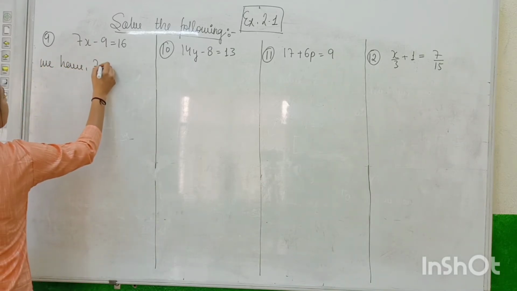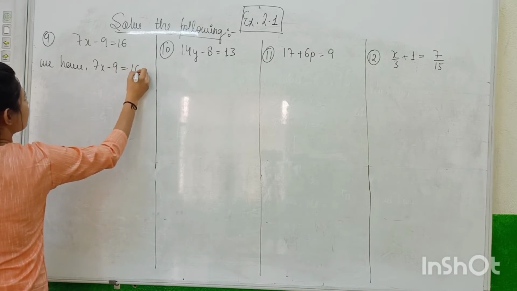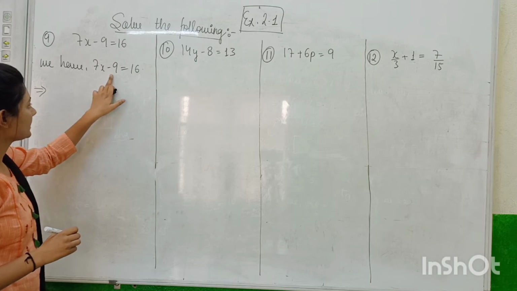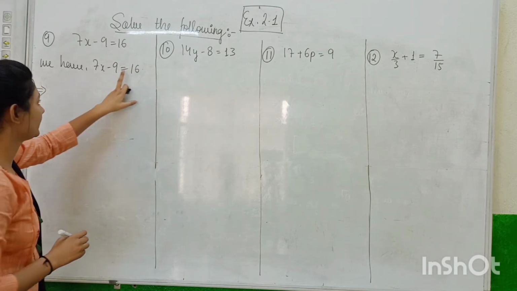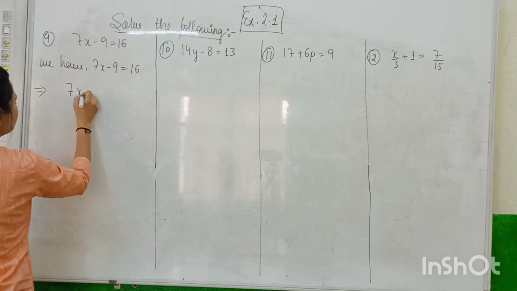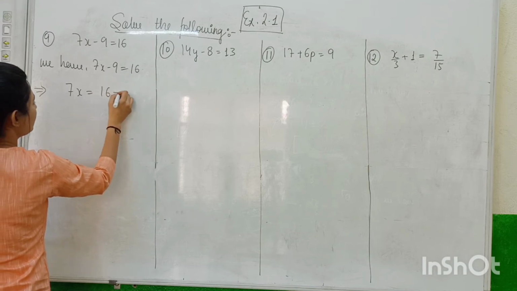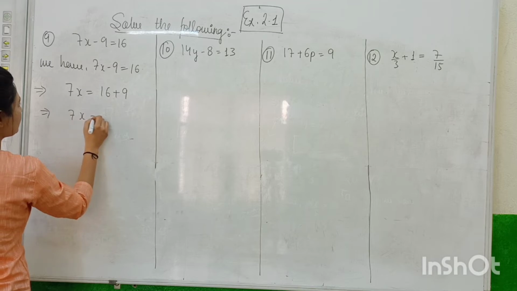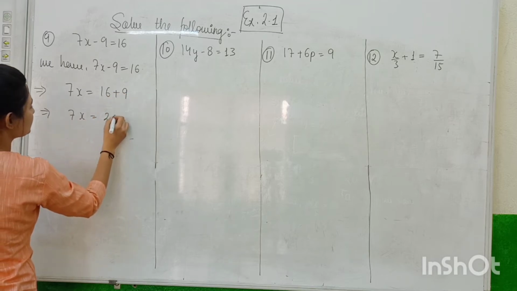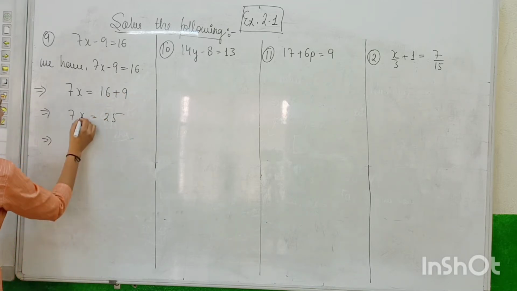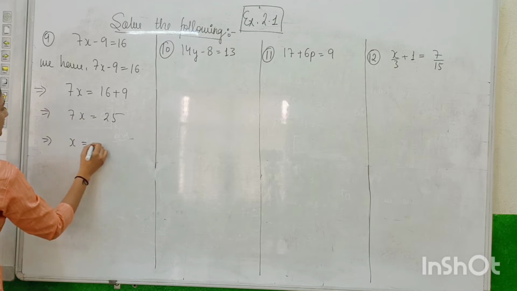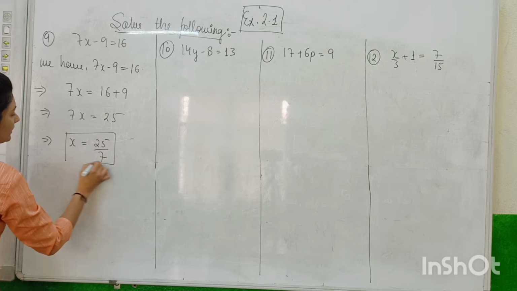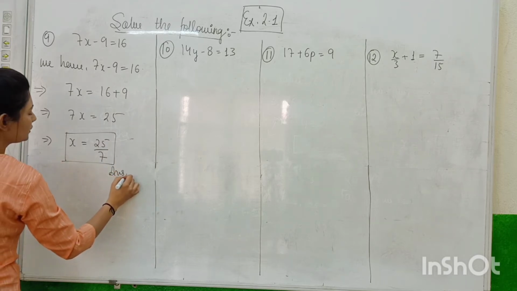What we have here, 7x is 25. Now this 7 is in the multiplication. So on the right hand side it will go on the denominator, that is division part. So the value of x is 25 by 7.